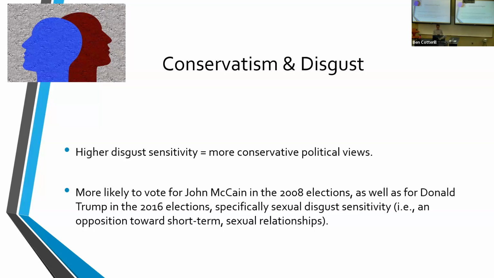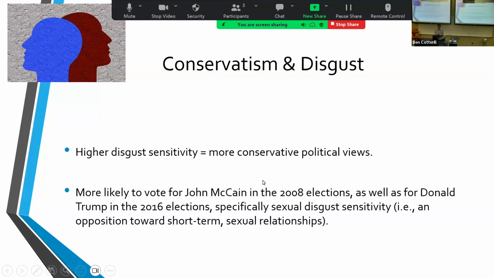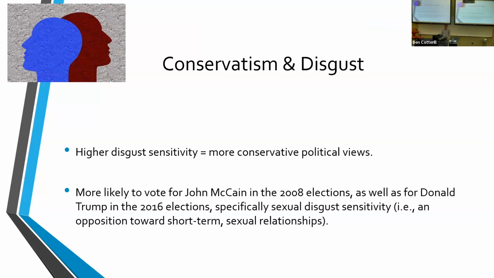But again, since this was done in 2008, investigated on whether one would be more likely to vote right or left, those who are more disgust sensitive were more likely to vote for the right-leaning Republican candidate, okay? And then the same thing in 2016, with Trump versus Hillary Clinton.